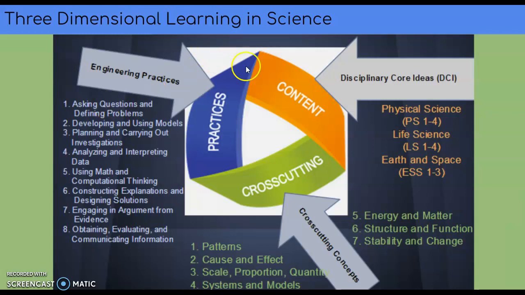And so when we look at these content ones, or sometimes they're referenced as the disciplinary core ideas, this is where we think about what we typically and in the past have thought science is. There's always been the 3 pillars of science: physical science, life science, earth and space science.